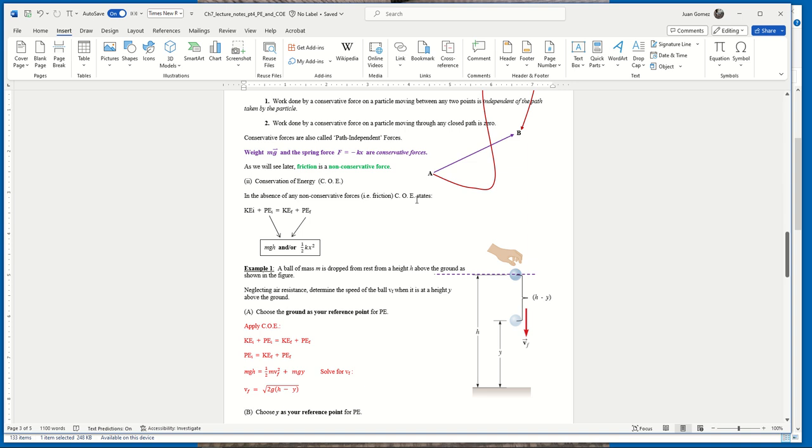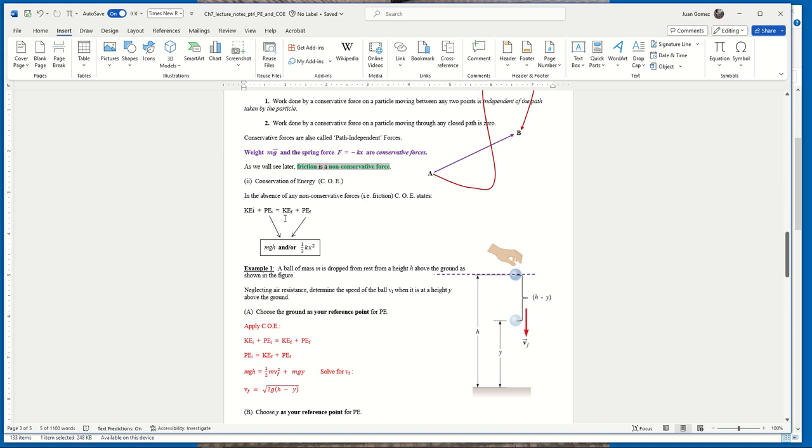It states that in the absence of any non-conservative forces, and for our intents and purposes, the non-conservative force that we're going to worry about is friction. Friction is non-conservative, but we don't need to worry about that right now. So we're assuming that there's no friction.